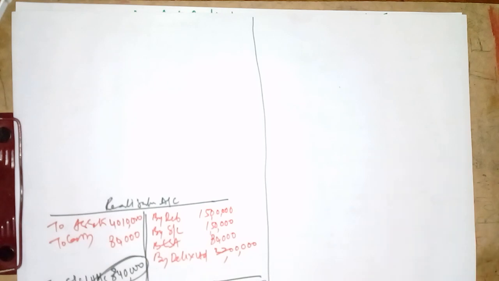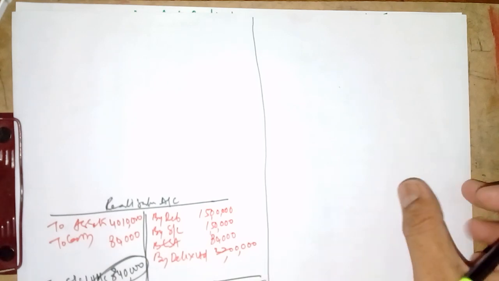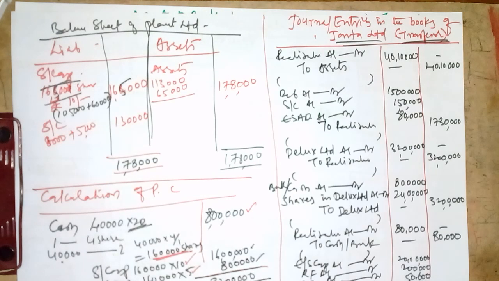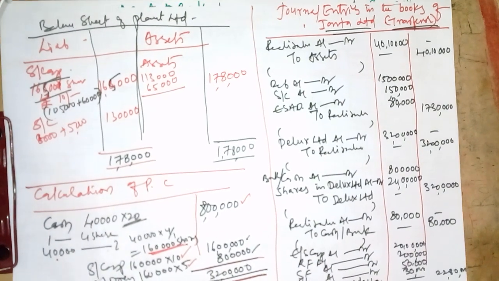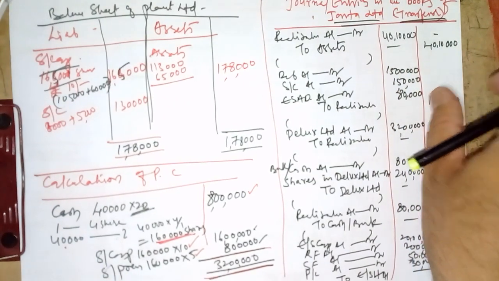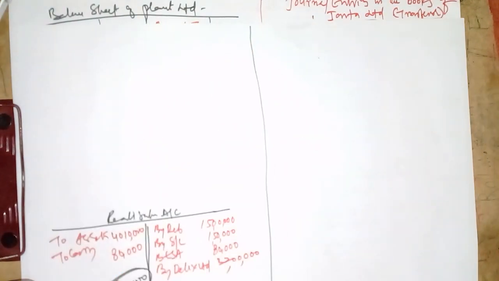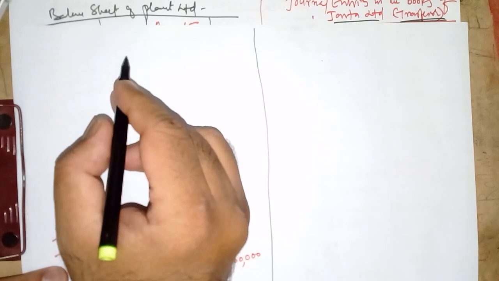Sorry, this is the continuation of the entries. As you are already aware, till now we have passed the entries. This is the continuation of these entries, right? So the same thing we are doing now. Realization profit entry we need to pass. What is the entry?